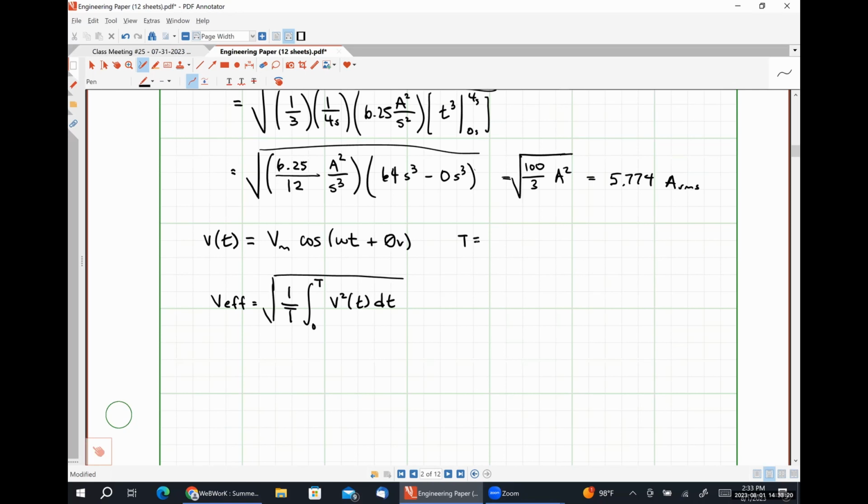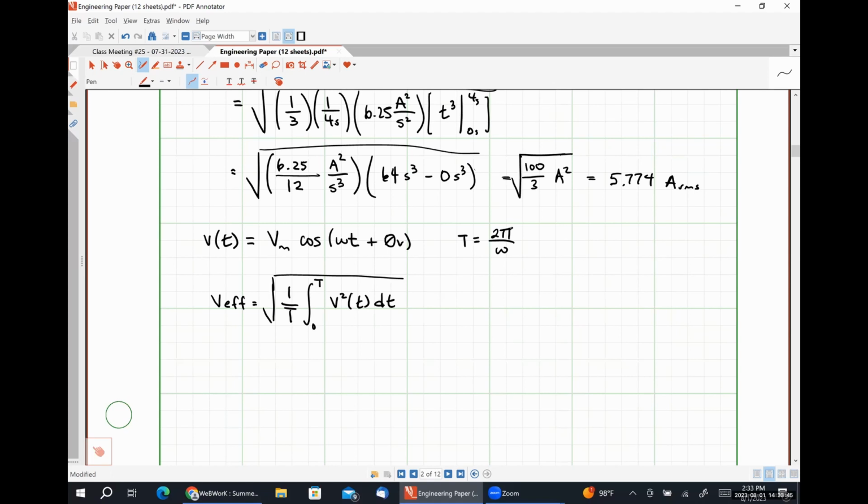So T isn't going to be 1 over omega, although it's pretty close. T is equal to 1 over f, our linear frequency. And omega is equal to 2 pi times f. So if I'm not mistaken, we should have 2 pi over omega here, which you guys had to use this relationship in a couple of your different homework assignments.